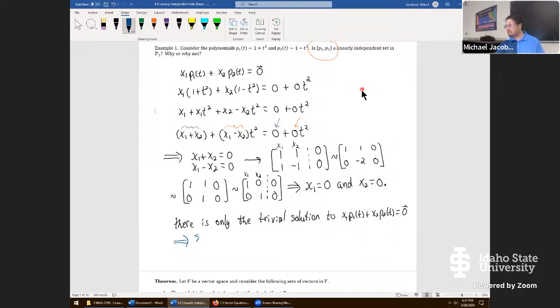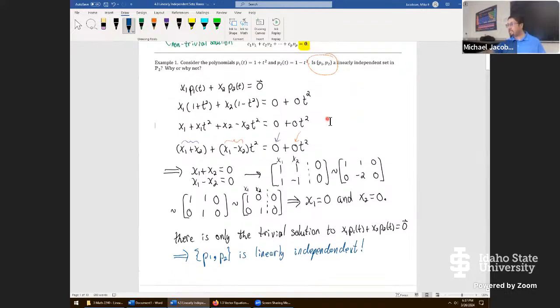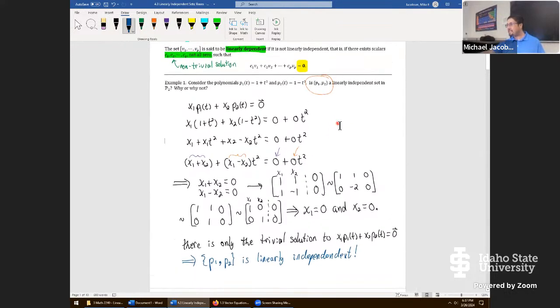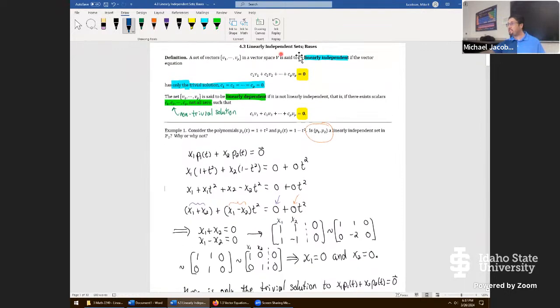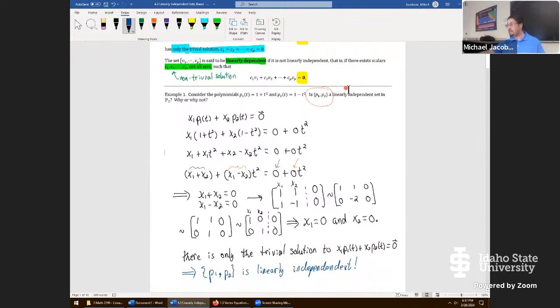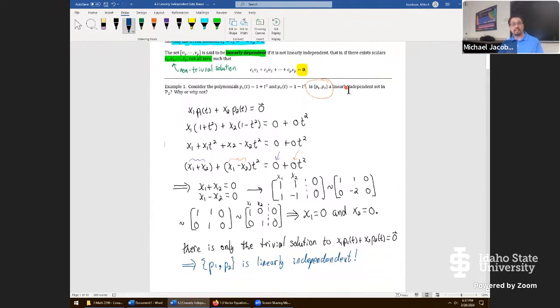So this implies P1, comma P2 is linearly independent. Deserves an exclamation mark because we did it, folks. It's not an easy process working with this definition directly like we did, but this is what the steps would look like.